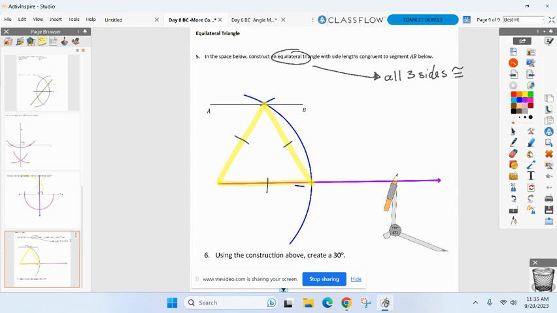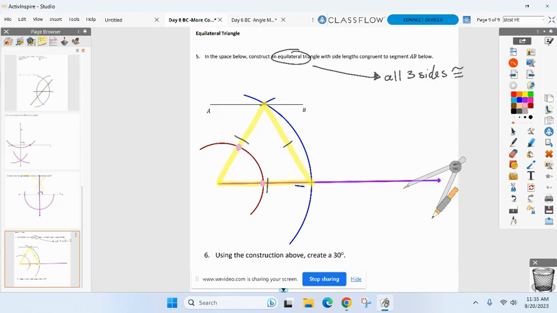Put your compass point on that vertex. Make an arc so it intersects the rays twice. This is our third time doing it now. Mark those 2 points of intersection.